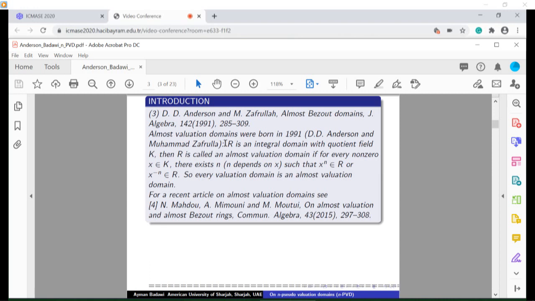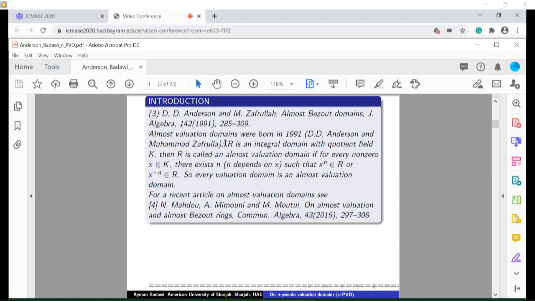So an almost valuation domain means that whenever you choose a nonzero element in the quotient field, there should exist an n, and n here depends on x.